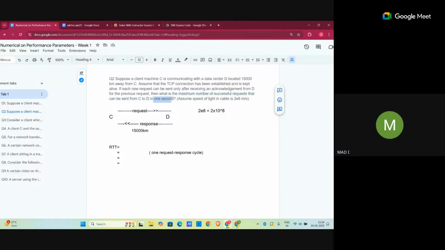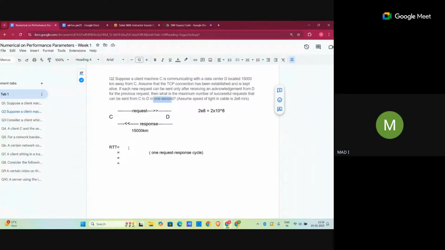If we want to calculate the number of requests in 1 second, we first need to calculate the time required for each request-response cycle, right? So basically, we will first calculate the round trip time. After that, we will calculate the number of requests made in 1 second. First, what is given?